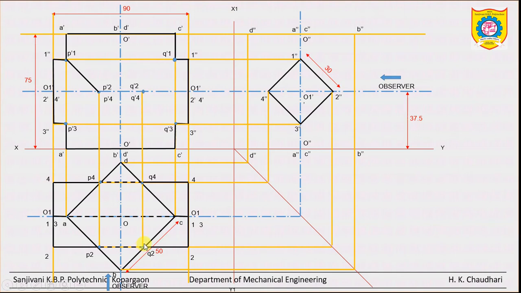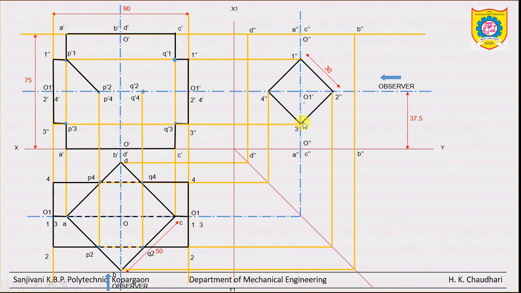Similarly, from this side, this line, Q2 to Q1 or Q3. Okay, point P1 and point Q1 are exactly on the top, and P3 and Q3 are on the bottom side.